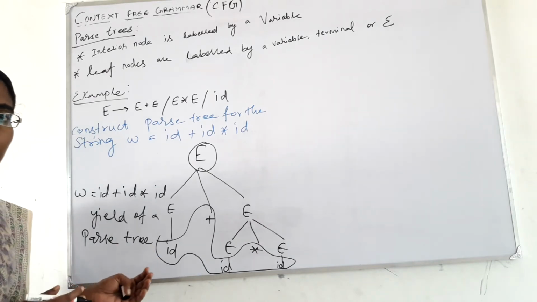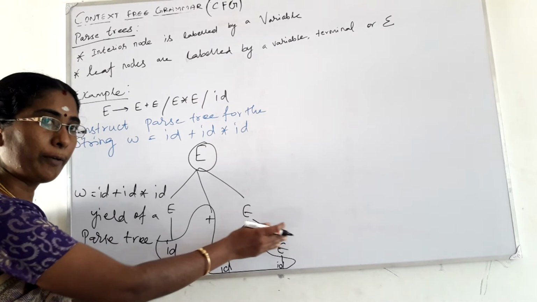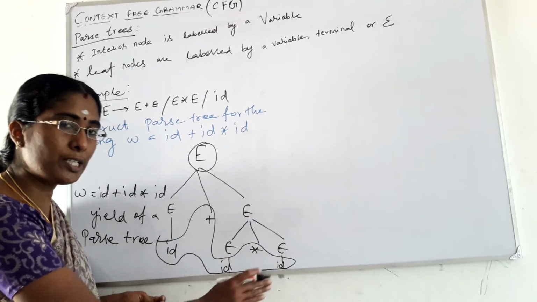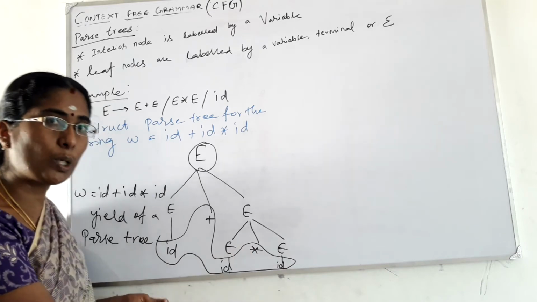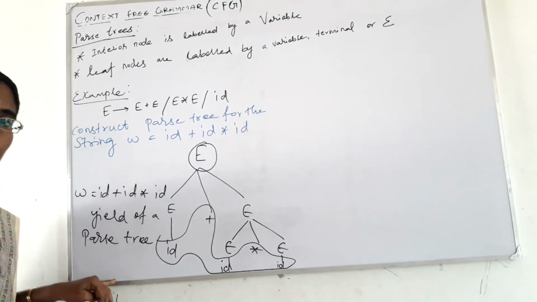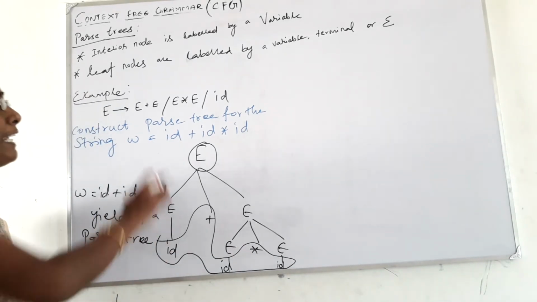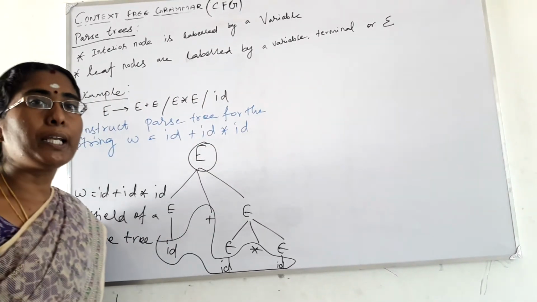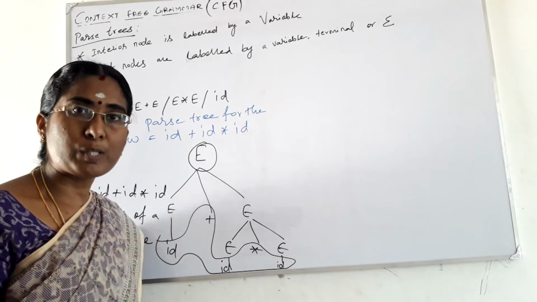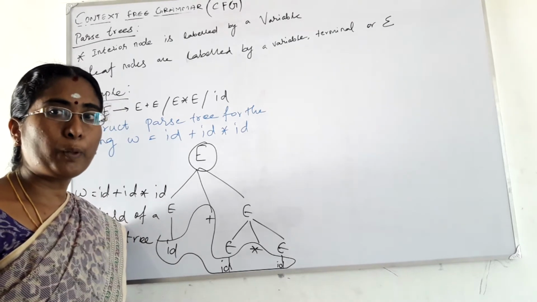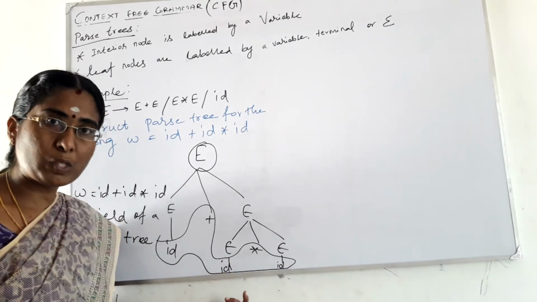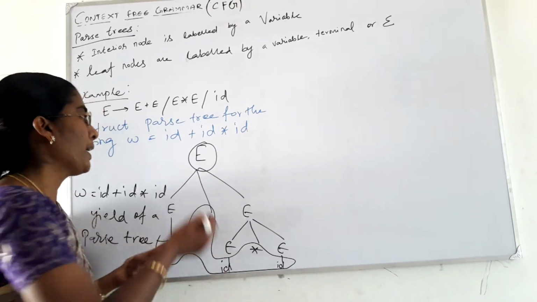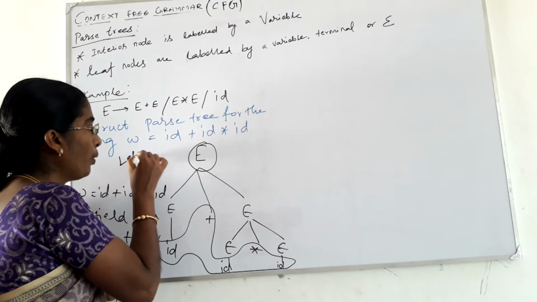We have to concatenate from left to right, and the concatenation of all the leaf nodes from left to right is called the yield of a parse tree. Leaf nodes are labeled either by a variable, by a terminal, or by epsilon. If you have any epsilon production, the leaf node has the epsilon symbol. So this is the leftmost parse tree.